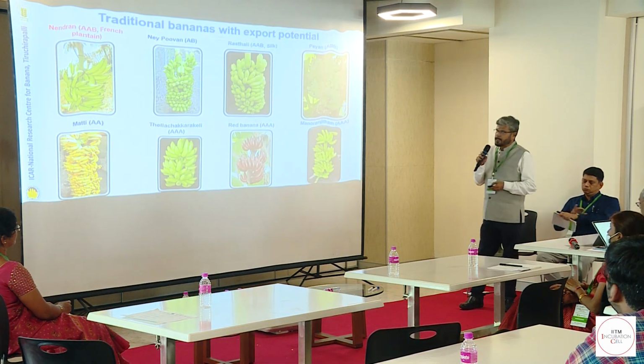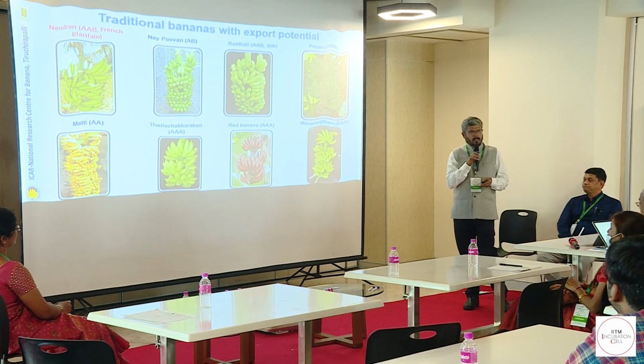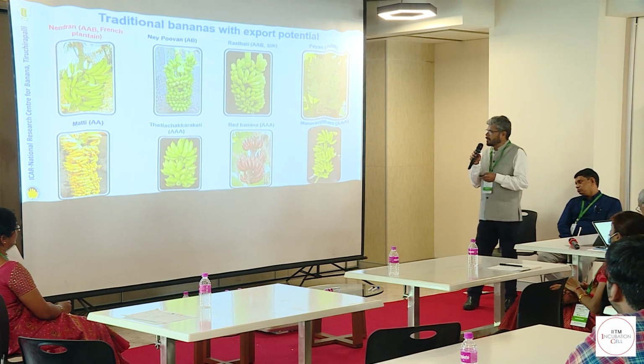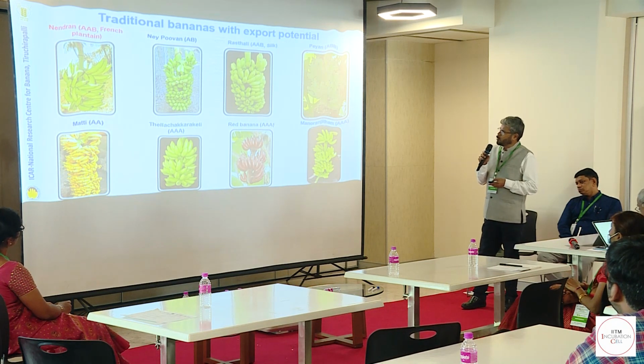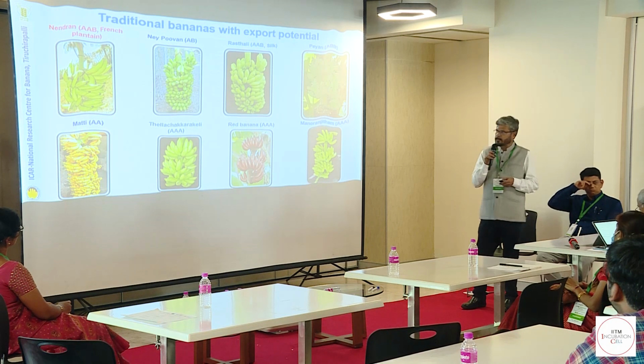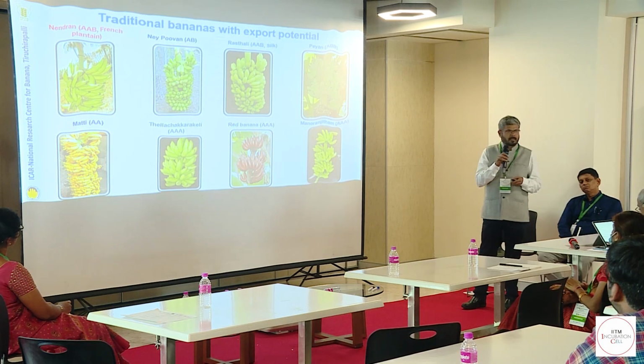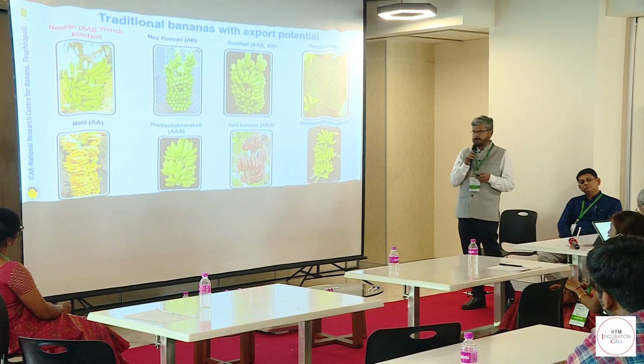Other parts like Maharashtra grow a lot of Grand Nain, but we produce more of Poovan, Nendran and Neipuvan. These are different bananas which go out of Tamil Nadu. And most of what we produce is consumed in Tamil Nadu itself.